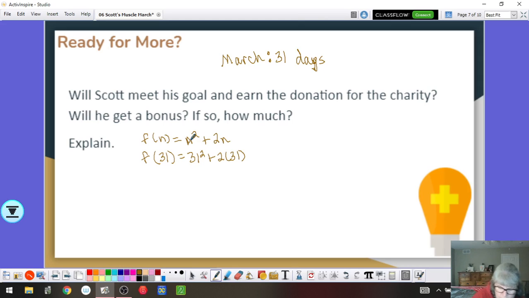And 31 squared is 961, plus 2 times 31 is 62, for a total of 1,023 push-ups. So just over 1,000 push-ups for the month of March.